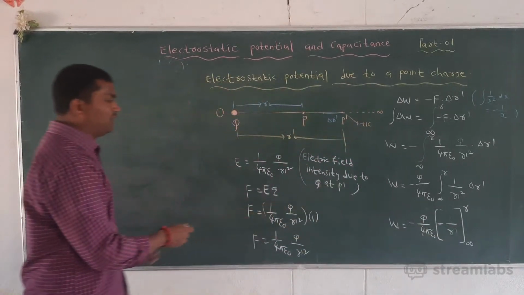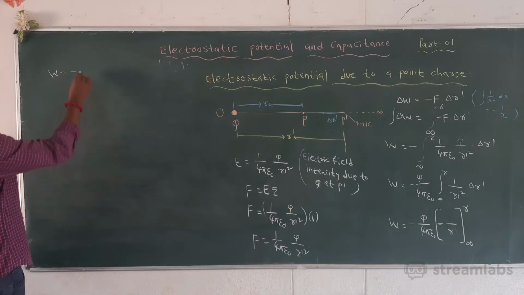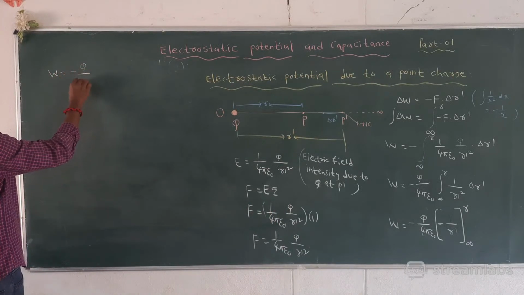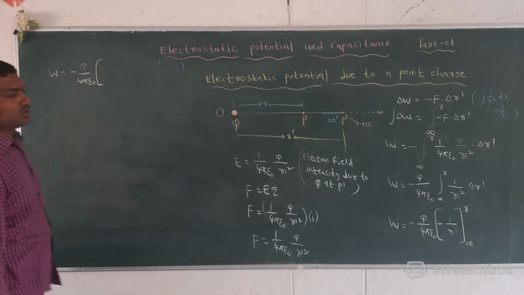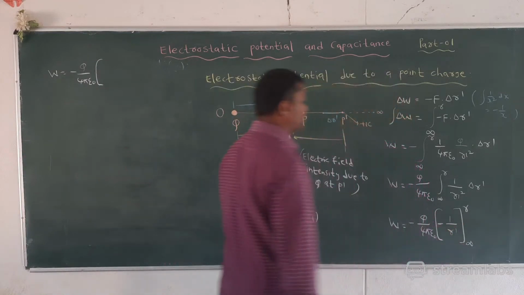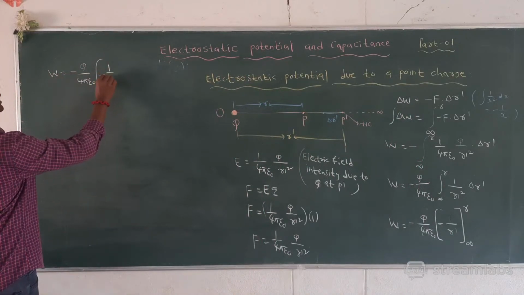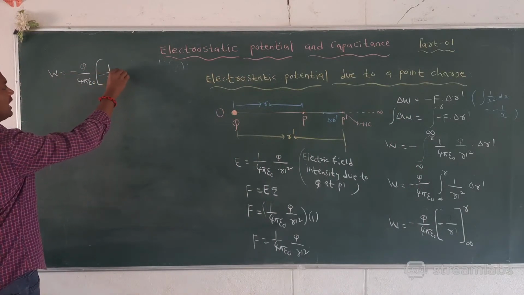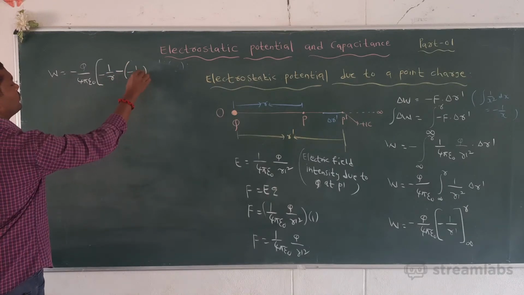So the final formula will be W is equal to minus q by 4 pi epsilon naught into, first we substitute the upper limit minus the lower limit. Instead of r dash, we take minus 1 by r, minus of minus 1 by infinity.